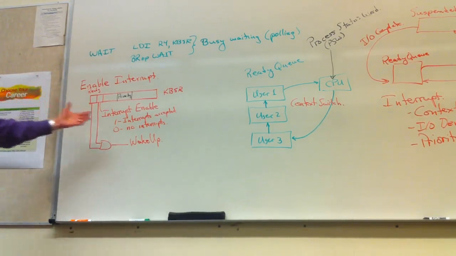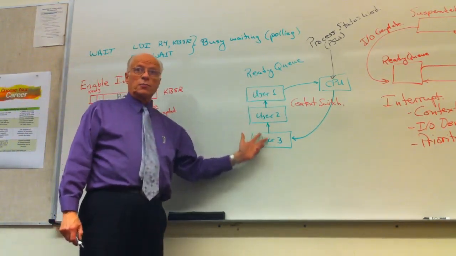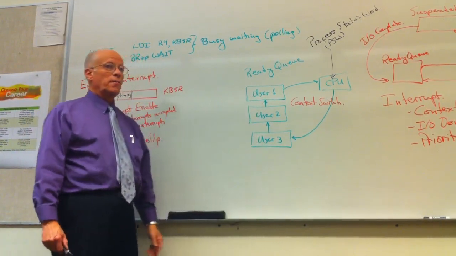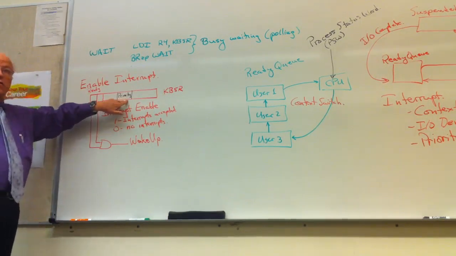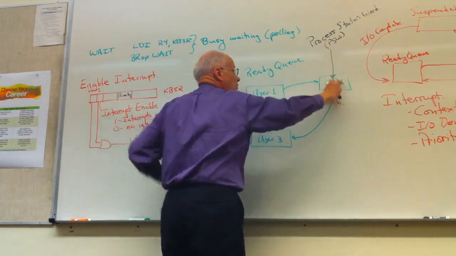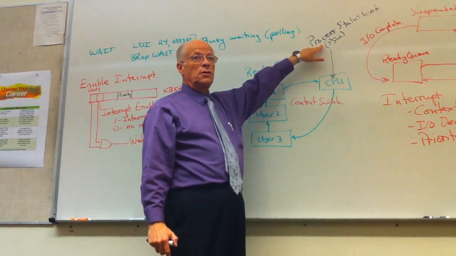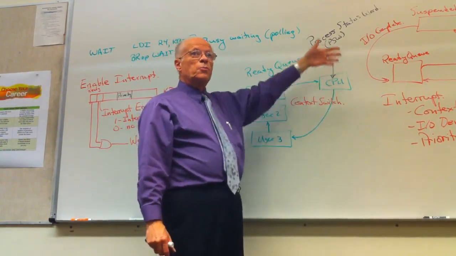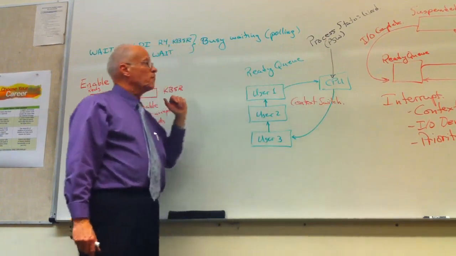So each device has a priority, each user has a priority, each task that the processor is working on has a priority. If the device priority is higher than the priority of the current process in there, which is contained in the process status word, it will interrupt that process, complete the I/O transfer, and then return to what it was doing.